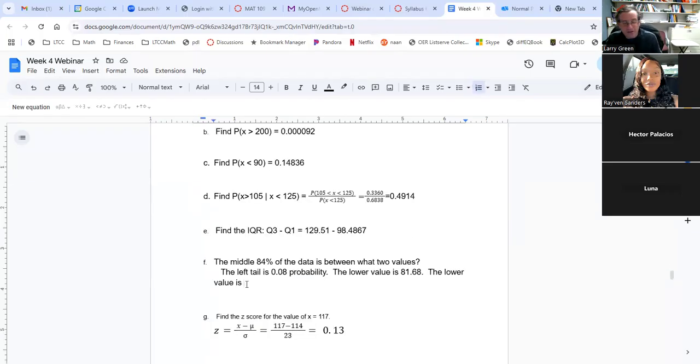So the lower value is 114 minus 81.68 from the mean. It's kind of what the definition of subtraction is. It's how far away you are.